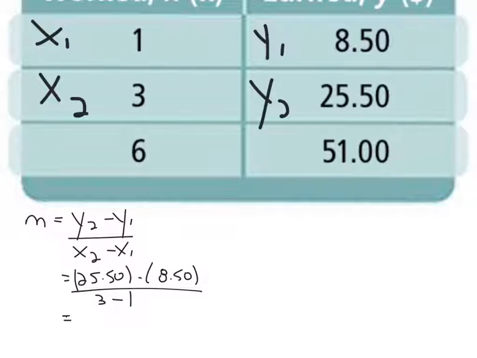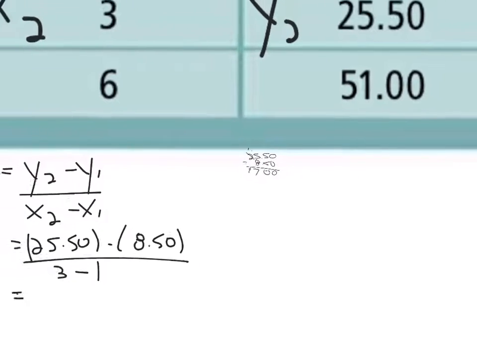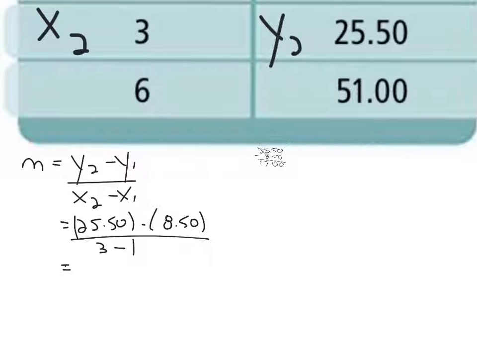So then we get 2550 minus 850, in case my calculations were being huge, we get 17 over 2, or 8.5.